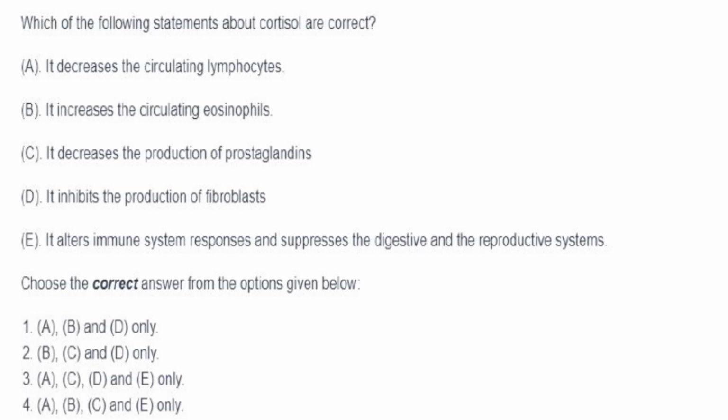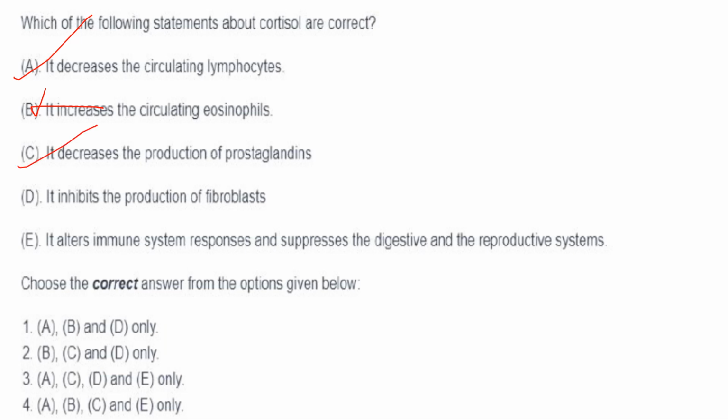Then which of the following statements about cortisol are correct? It decreases the circulating lymphocytes. Yes, that is correct. It increases the circulating eosinophils. That is not correct. It decreases the production of prostaglandins.